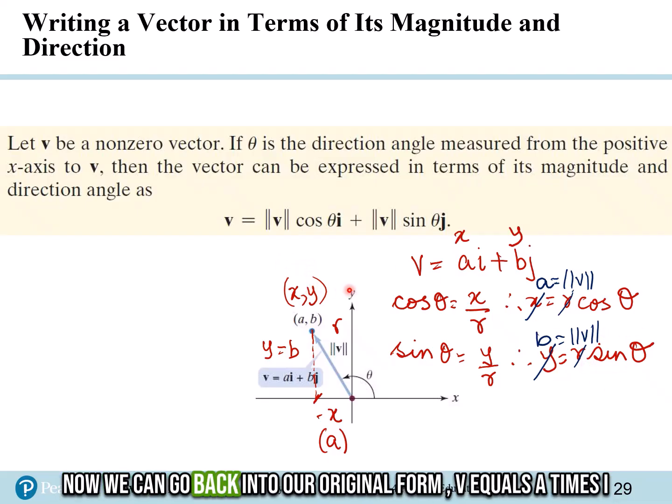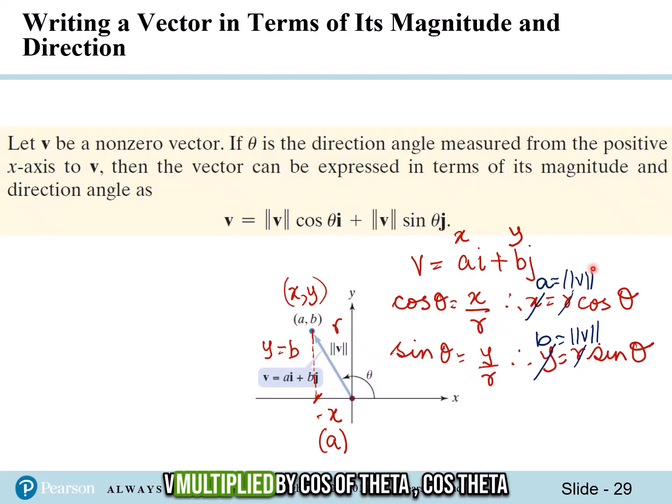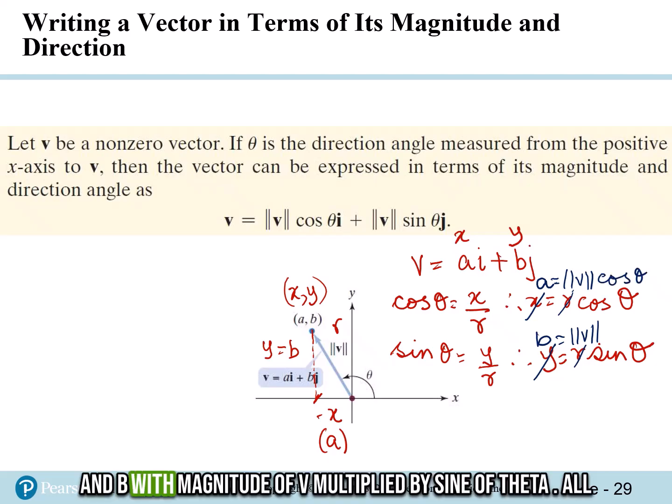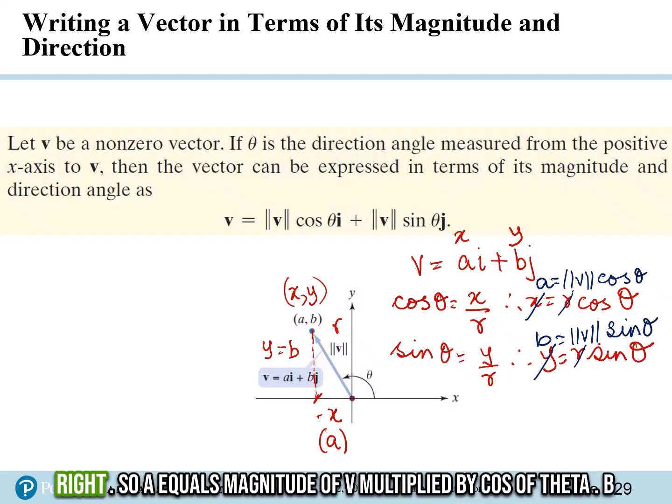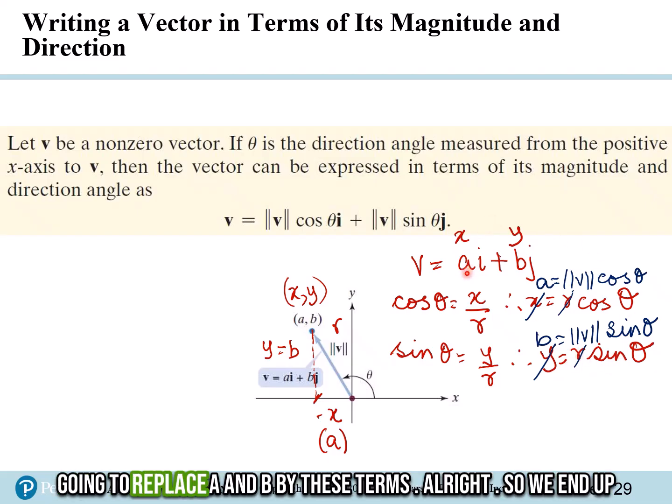Now we can go back into our original form, v equals a times i plus b times j, and replace a by the magnitude of v multiplied by cos of theta, b with magnitude of v multiplied by sine of theta, all right? So a equals magnitude of v multiplied by cos of theta, b equals magnitude of v multiplied by sine of theta, and we are going to replace a and b by these terms.